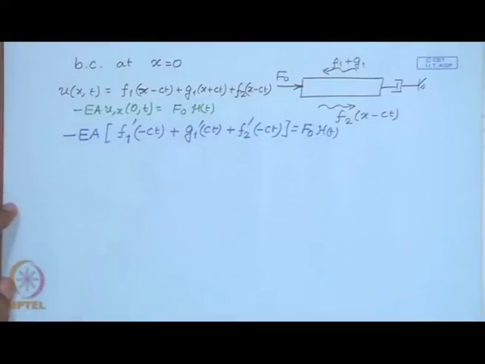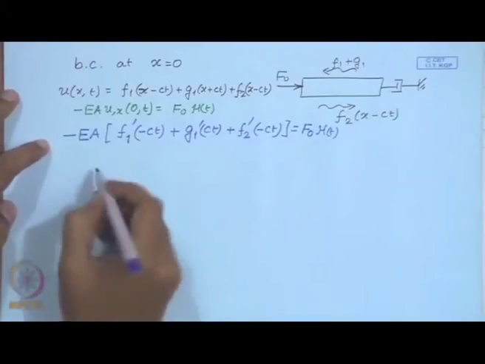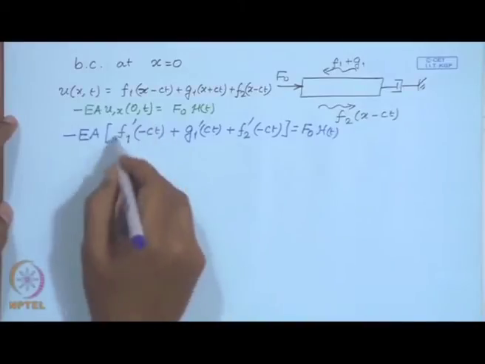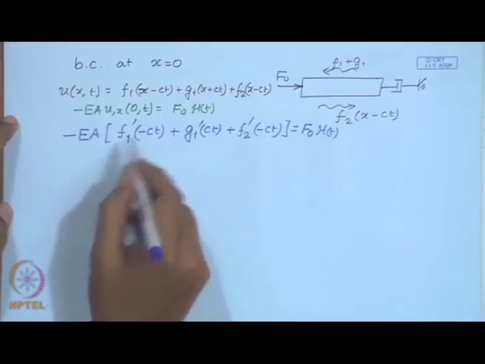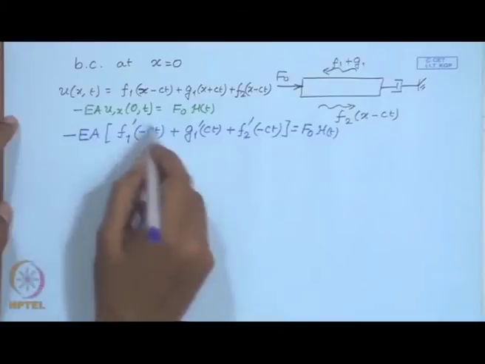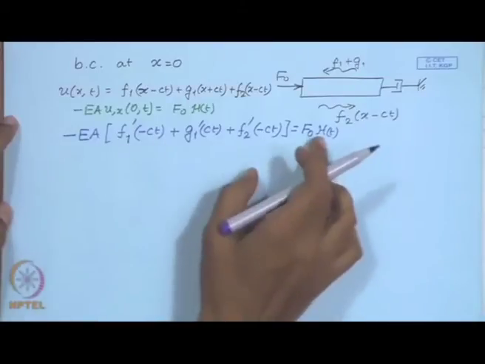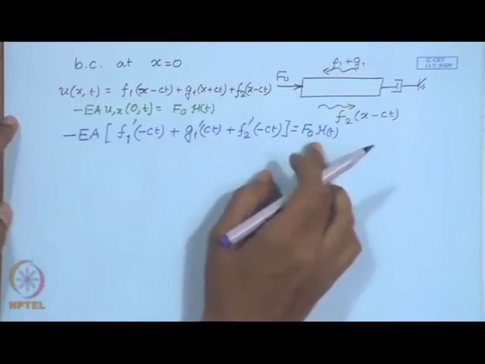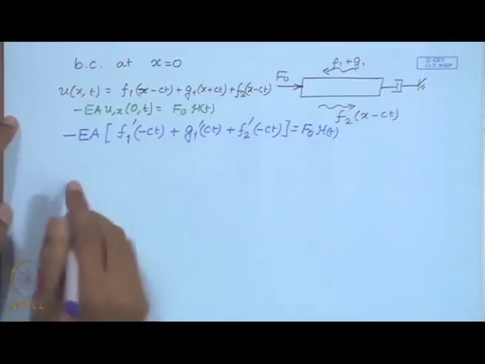So, from there we can obtain this expression, and finally, when you use the expression of f1 in here, that will cancel off with f naught h t, because that was how we solved for f1.